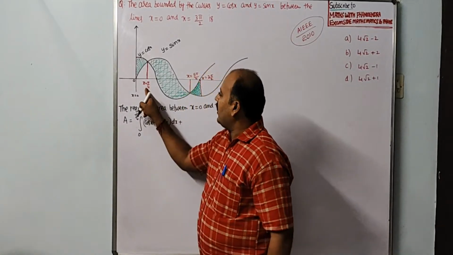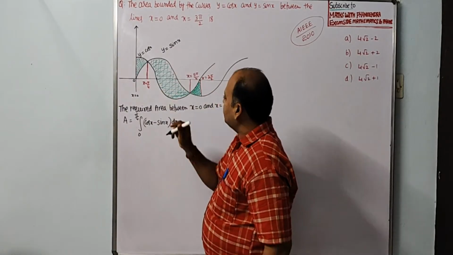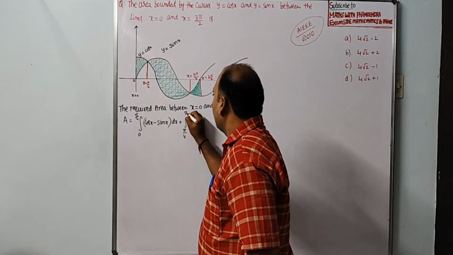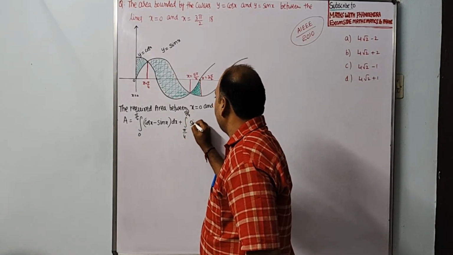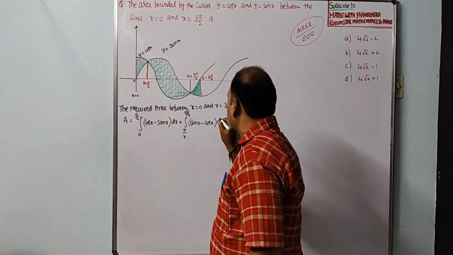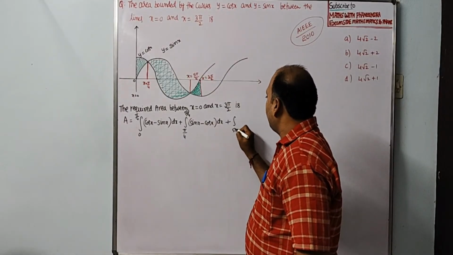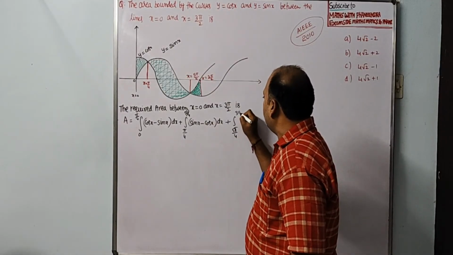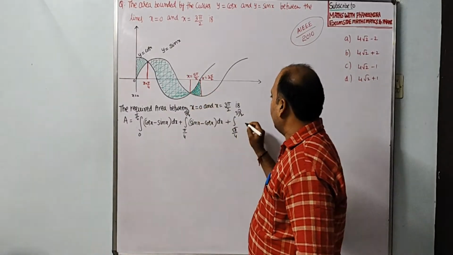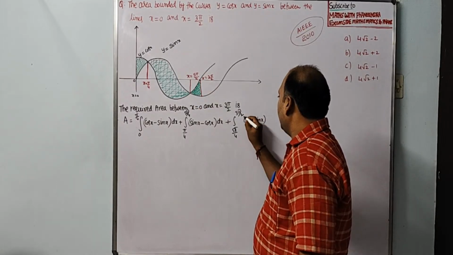Next, from pi by 4 to 5 pi by 4, (sin x minus cos x) dx. Next, plus from 5 pi by 4 to 3 pi by 2, this curve is (cos x minus sin x), again it is repeating, dear students, dx.